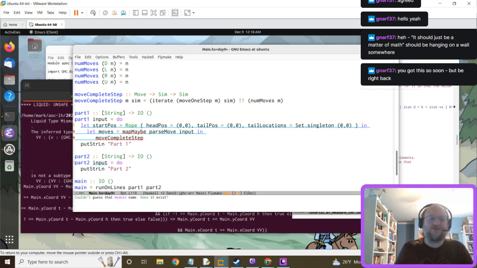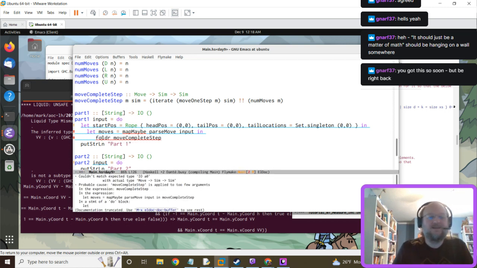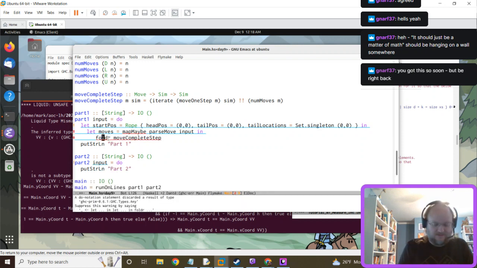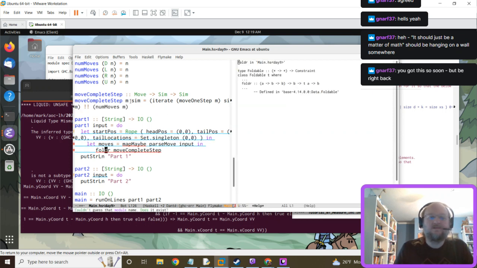Or is it this fold right? Fold. So move complete state. Yep. And we're going to start with start position and moves. I hope that doesn't do things backwards.